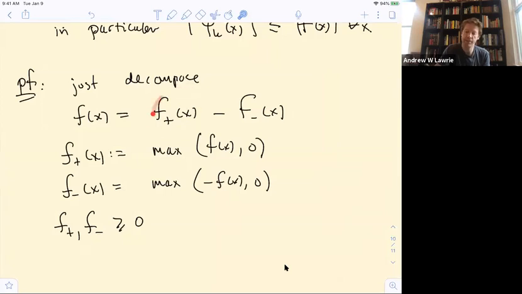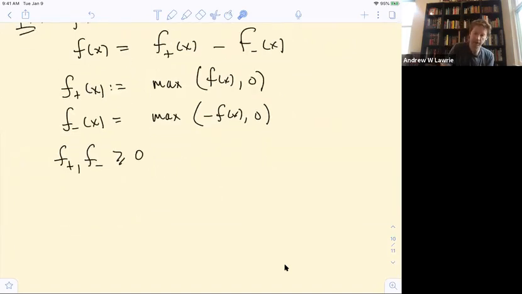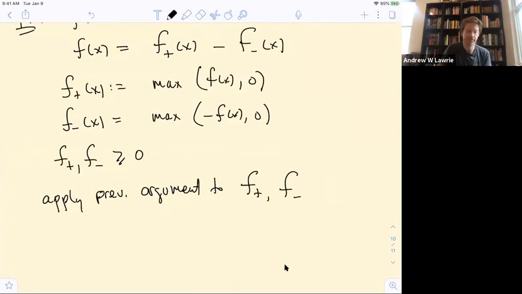And then I can just approximate that positive part by an increasing sequence of simple functions as in the previous theorem, approximate the negative part by an increasing sequence of simple functions as in the previous theorem, and then just take the difference of those sequences of simple functions, and I now can approximate f. So the last part of the proof is to apply the previous argument to f plus and f minus. Okay.